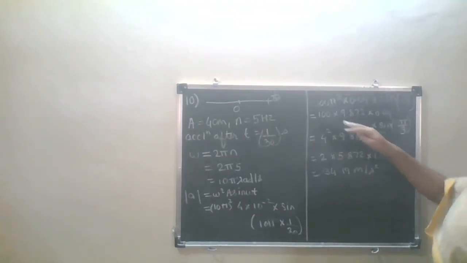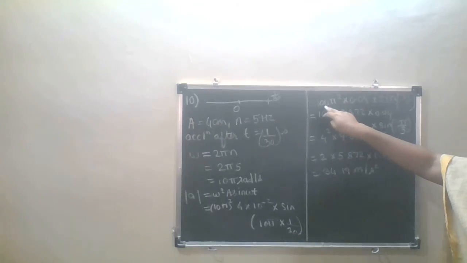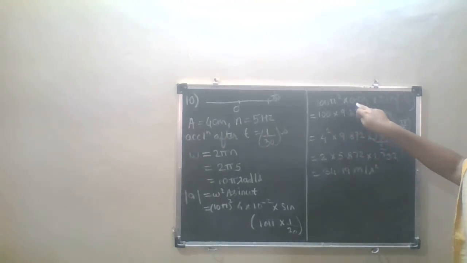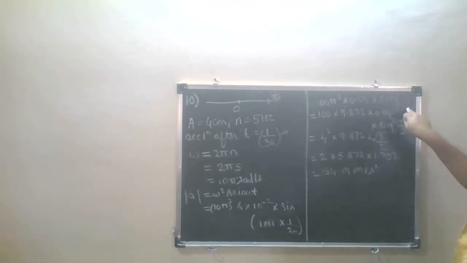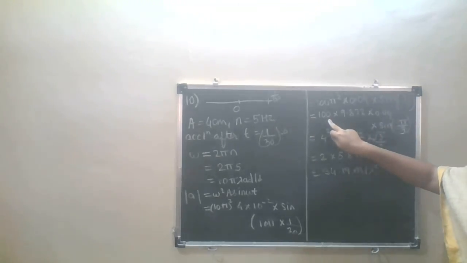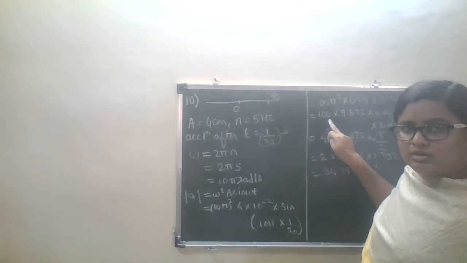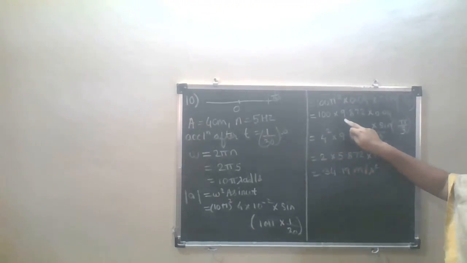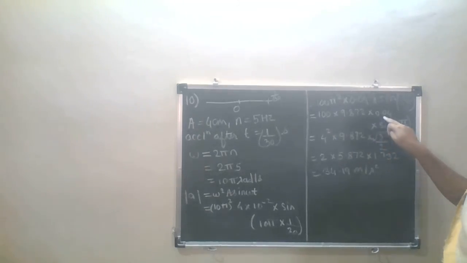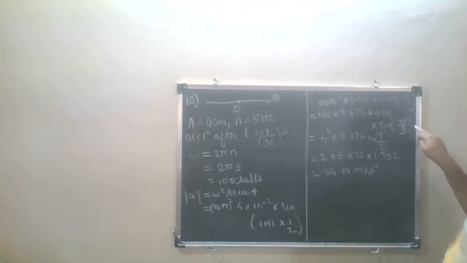Further it will be 100 pi square into 0.04 into sine pi by 3. Are you getting it? Then 100 into 9.872 into 0.04 into sine pi by 3.